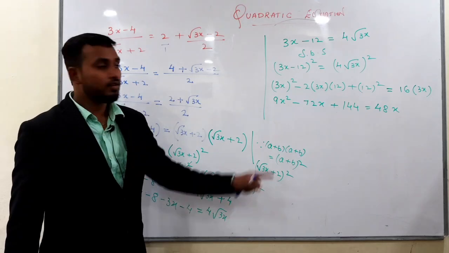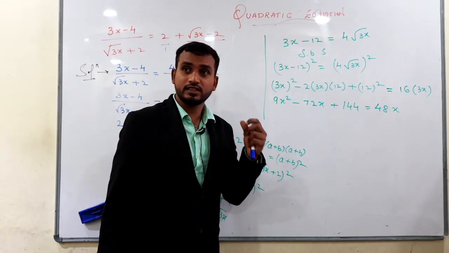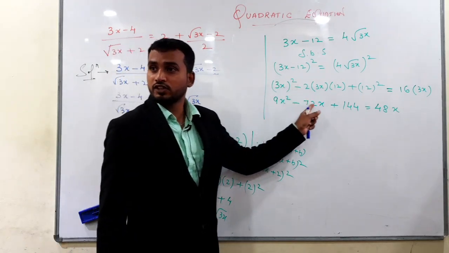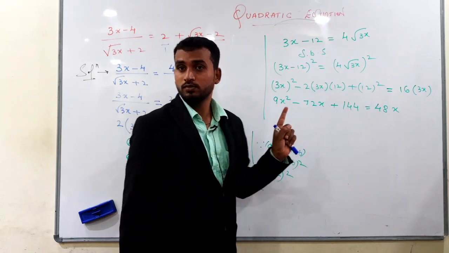Now we can see we have second degree, right? Now we have to arrange this as second degree, first degree, constant equals 0. That is ax square plus bx plus c equals 0 form, right?